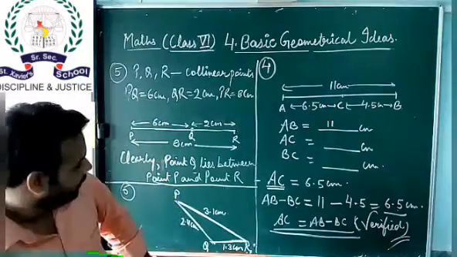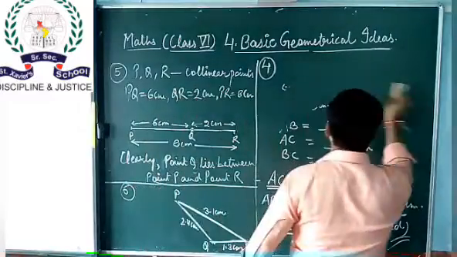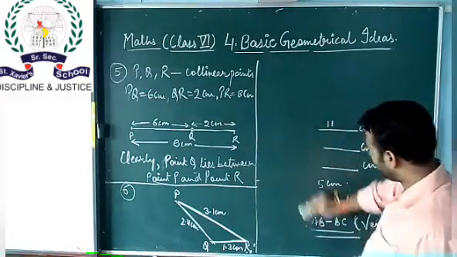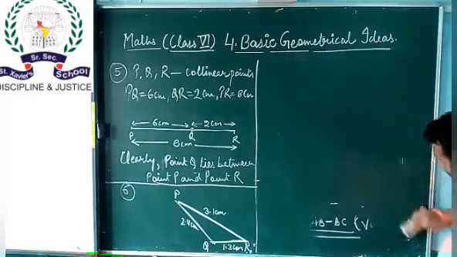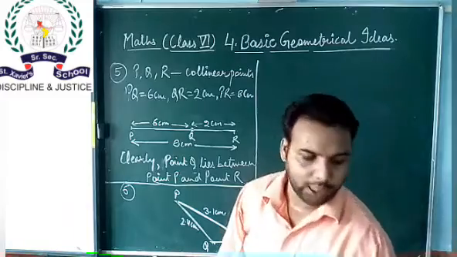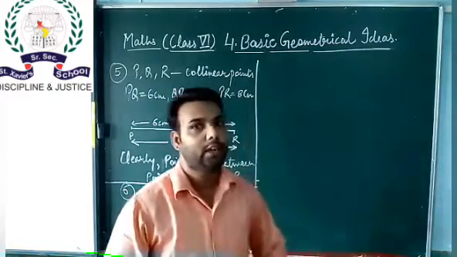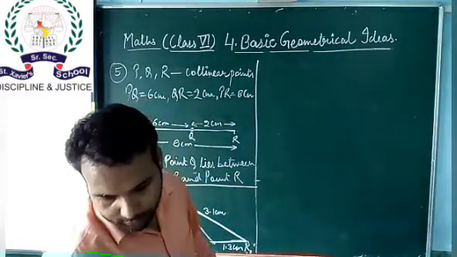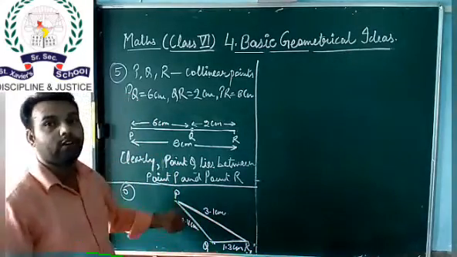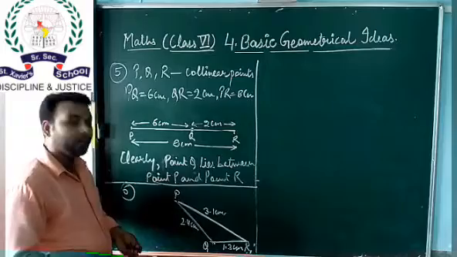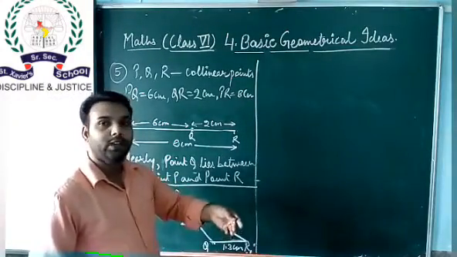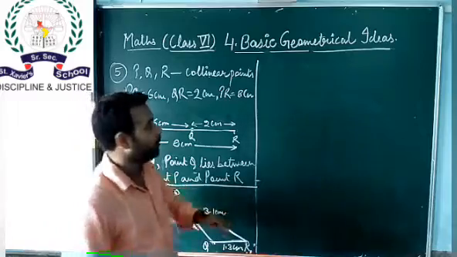The question is to measure the line segments given in your figure, and then check whether the sum of any two sides is greater than its third side or not.